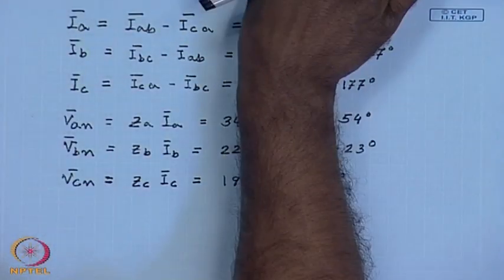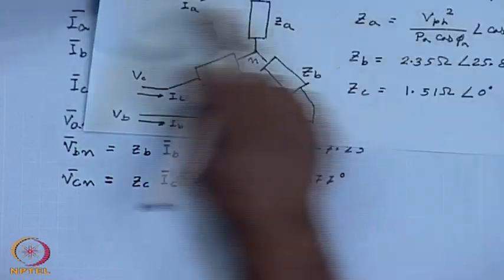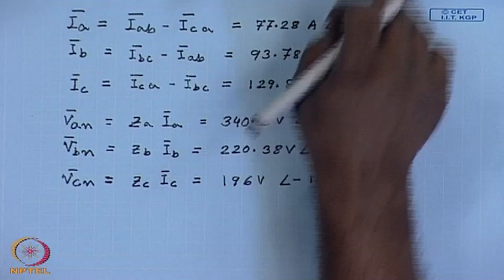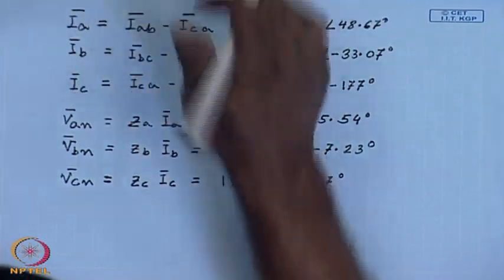If we look at the HV side line currents in this particular case, that is IA, this is the LV side line current. LV side of the transformer is delta connected, HV side is also delta connected.